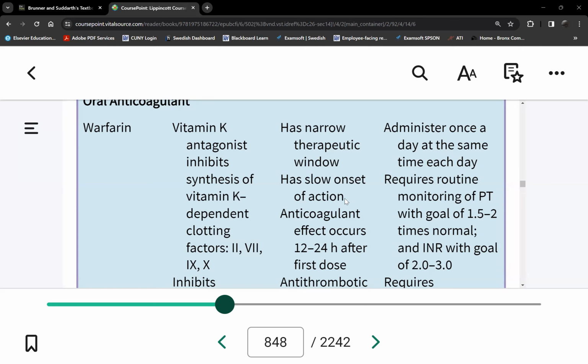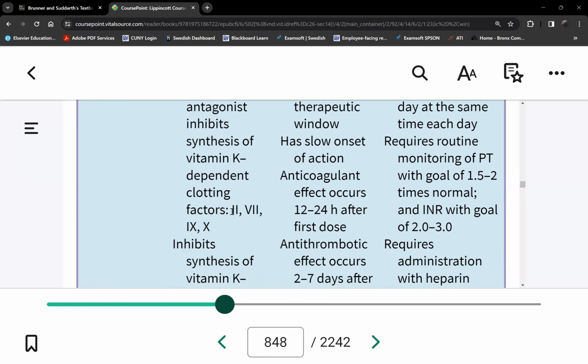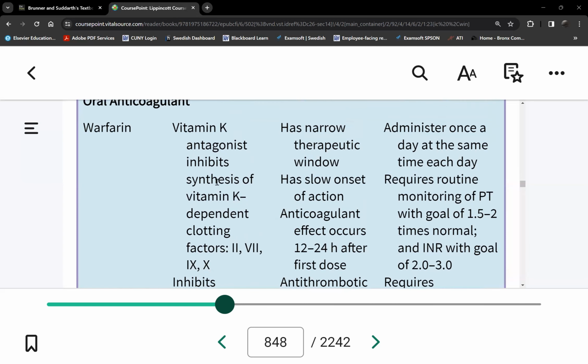It's a vitamin K inhibitor. So how does it prevent blood clots? By preventing the formation of factors 2, 7, 9, and 10. That's how it works. And how long does it take to do its job? 3, 5, 7 days, or sometimes longer.